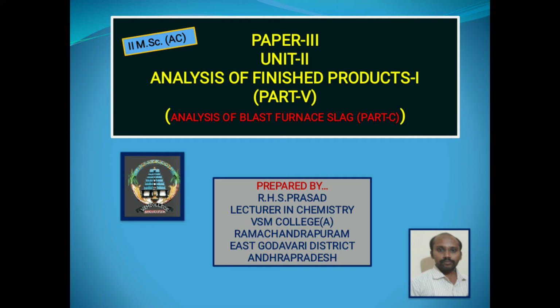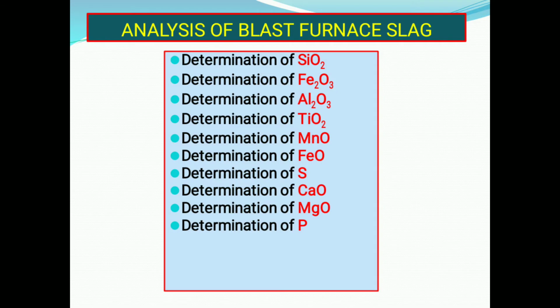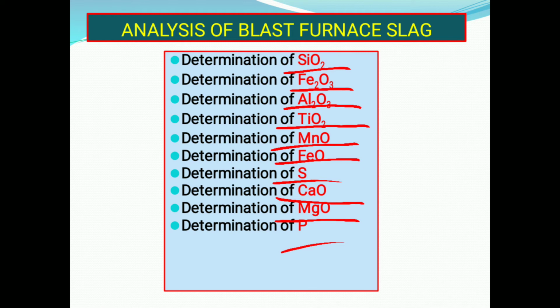In this class, we are going to discuss the analysis of blast furnace slag as part C. In the analysis of blast furnace slag, the constituents present that we are going to analyze are silica, ferric oxide, alumina, titania, manganese oxide, iron oxide, sulfur, calcium oxide that is lime, magnesia, and phosphorus in the form of P2O5.